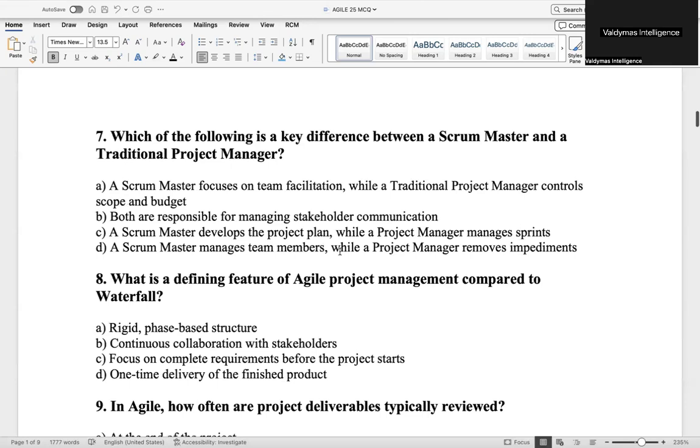Okay, number 7. Which of the following is a key difference between a Scrum Master and a traditional project manager? We have to be careful because sometimes in an interview or in a question, someone can just tell you what's the role of a TPM. So ask the person again, are you referring to TPM as a traditional project manager or a technical product manager? I've been in an interview before where the person kept using TPM.